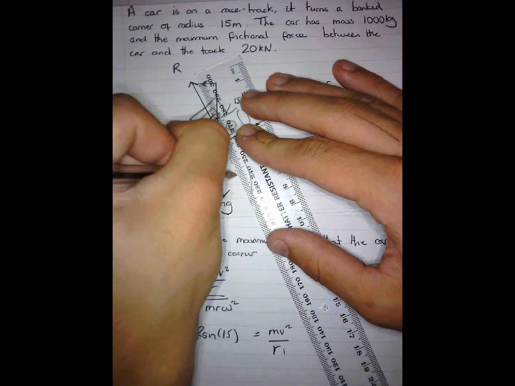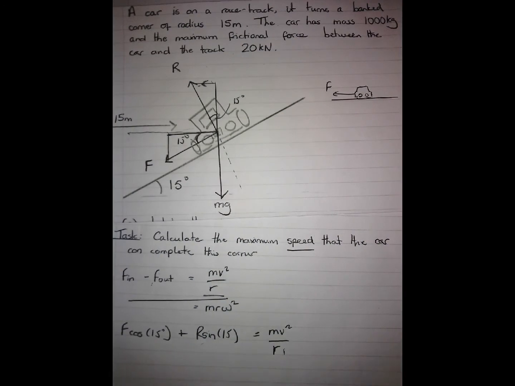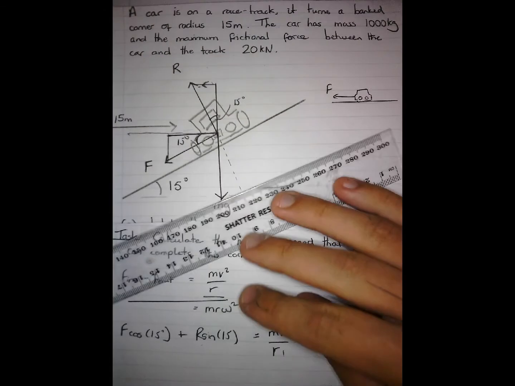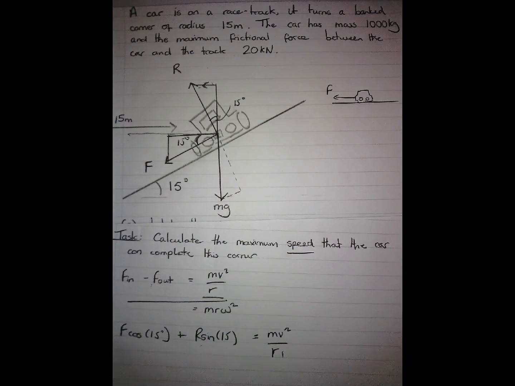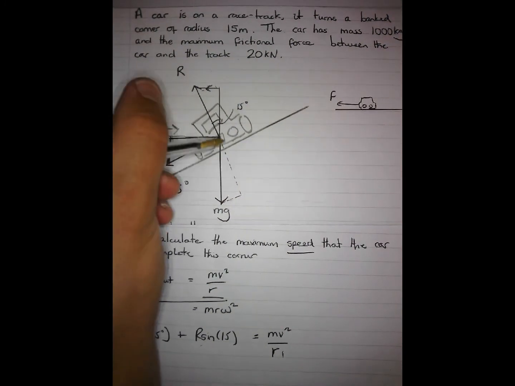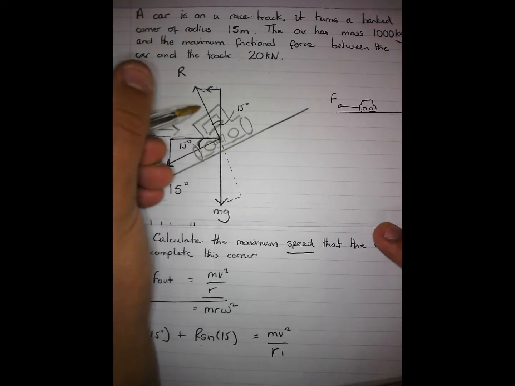We know the car is not accelerating off the track in that case, so by resolving perpendicular, exactly like we did with the box on the slope questions, we can say the forces going this way, perpendicular to the track, must be equal to the forces going that way.